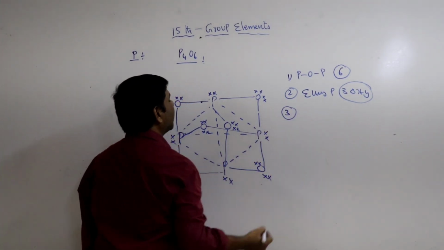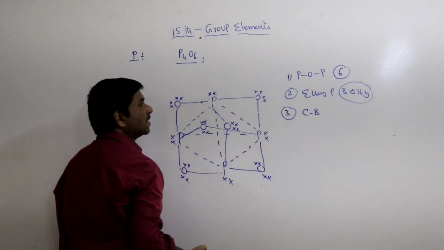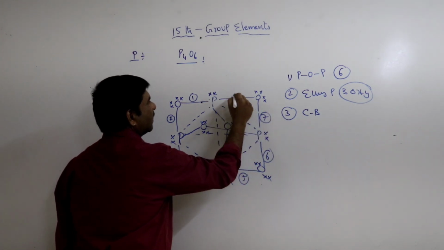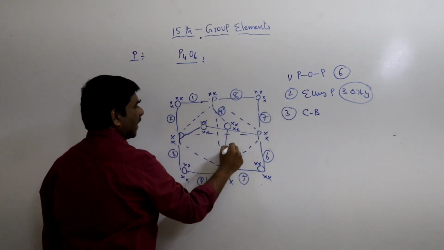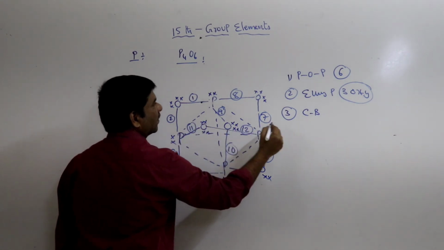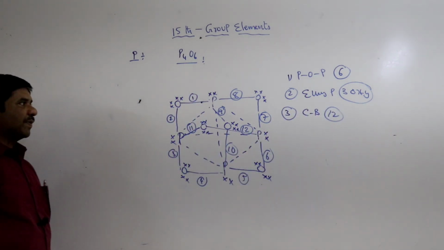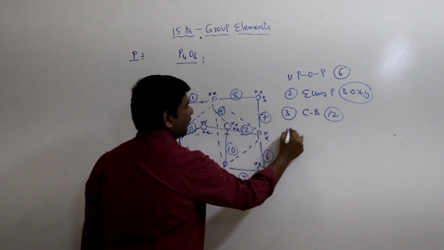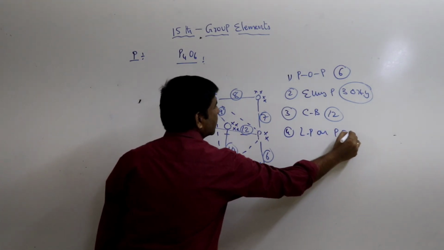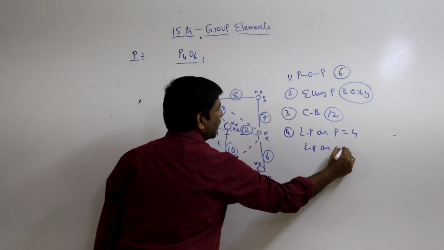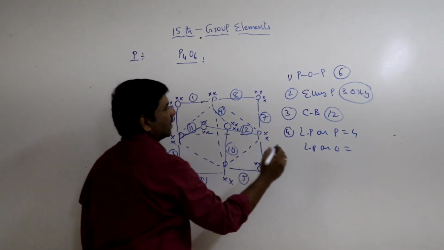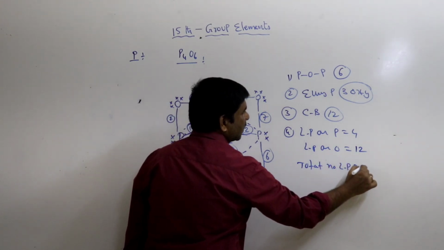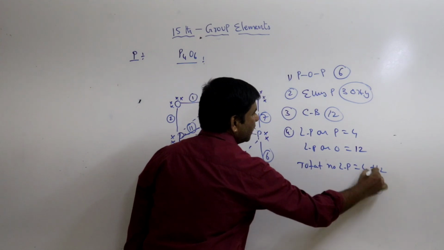Also, the total number of covalent bonds is 12, counting 1, 2, 3 up to 12. So lone pairs on phosphorus are 4, and on oxygen each has 2, so for 6 oxygens, 6 times 2 is 12. The total number of lone pairs is 4 plus 12, that is 16.